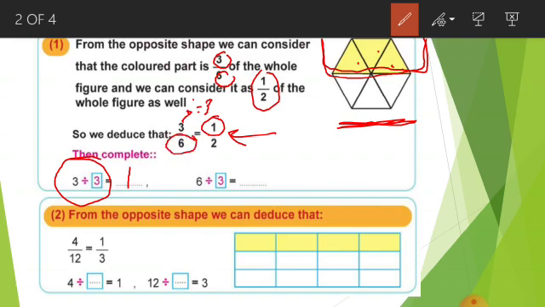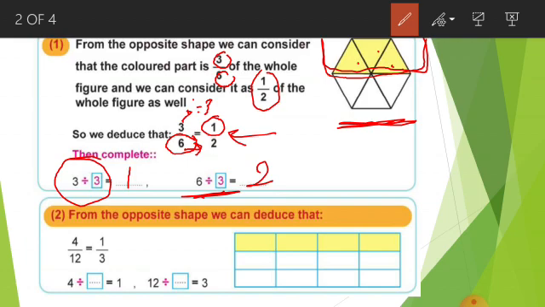So 6 also divided by 3 equals 2. So now I know how this colored part represents 3 over 6 and a half. The two are equal, but 3 over 6 has bigger numbers. I can simplify 3 over 6 to be a half.